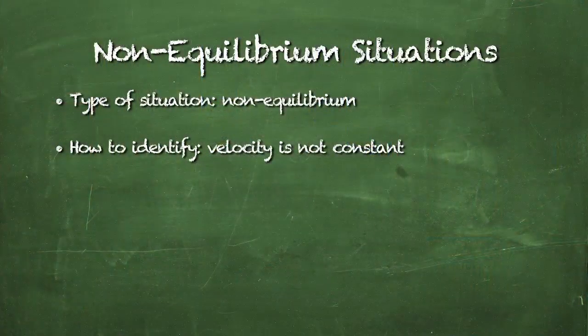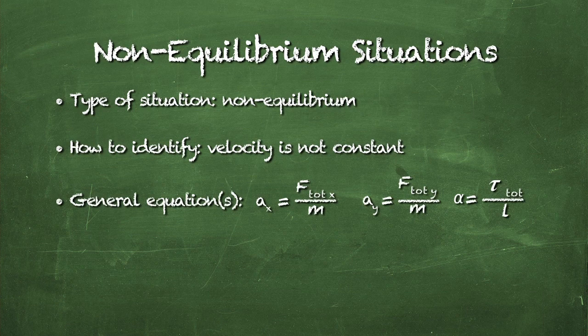The second type of situation that we encountered in this course are our non-equilibrium situations. And you recognize a non-equilibrium situation because the velocity of the object in question is not constant, so it's not in equilibrium. Our general equation for non-equilibrium situations is Newton's second law. The acceleration in the x direction is the total force in the x direction divided by the mass.